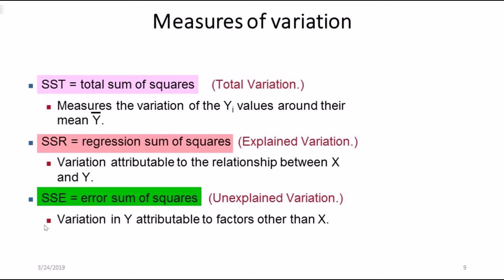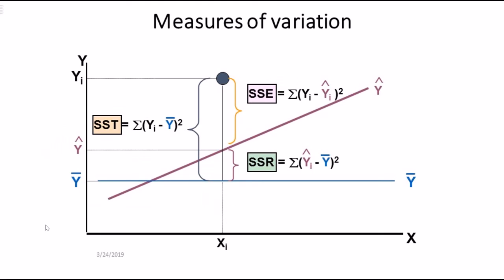In this illustration, for one point xi, yi, we can see how SST, SSE, and SSR are calculated for one point, and then summed over for all the points. We can easily calculate SSE, SSR, and SST.